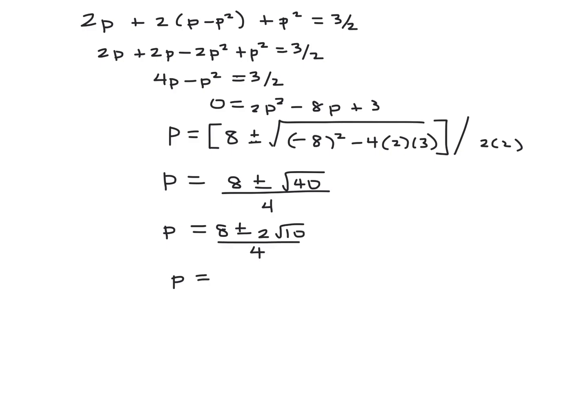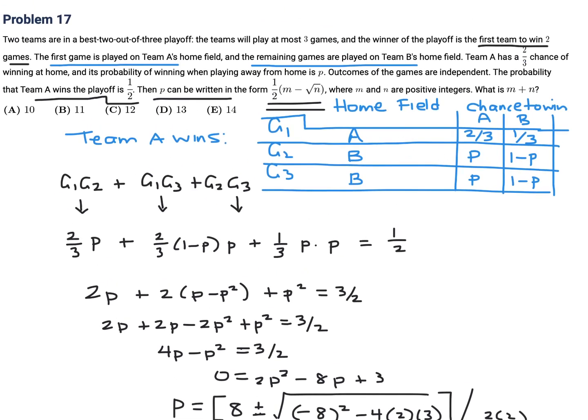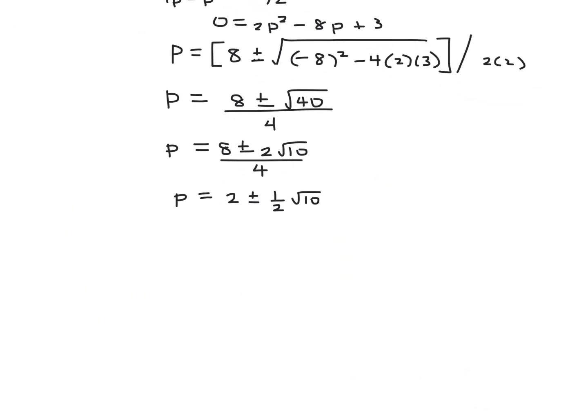So that's going to be 2 plus or minus a half root 10. And we are told that it's of the form 1/2 times m minus root n, okay? Since it's the minus, we're going to choose the minus one. And we have to pull out a half, because we have to make it look like that.